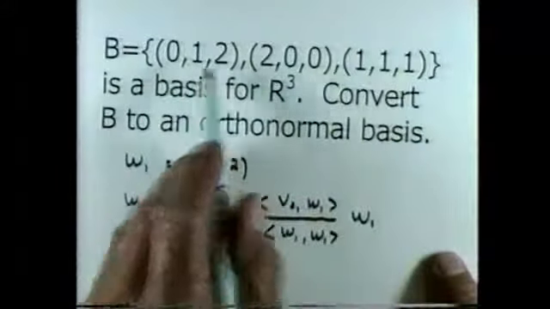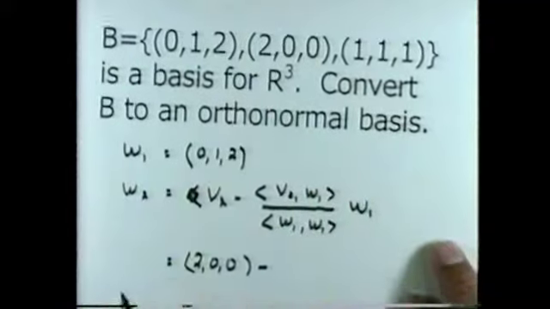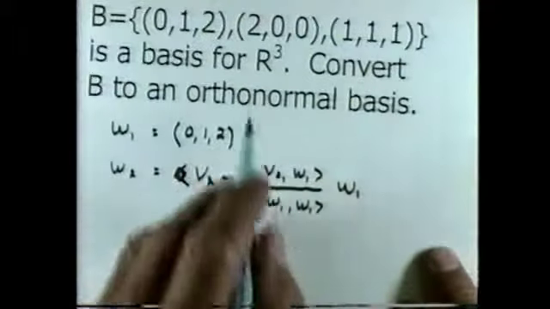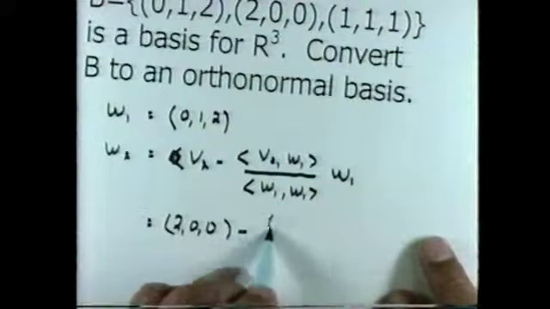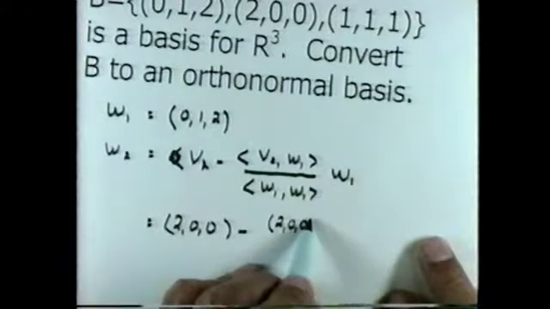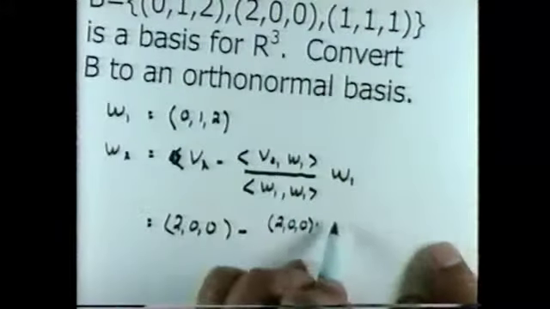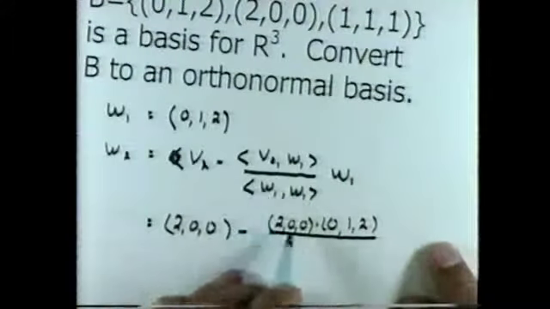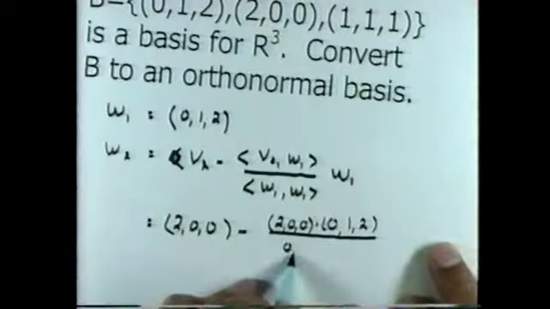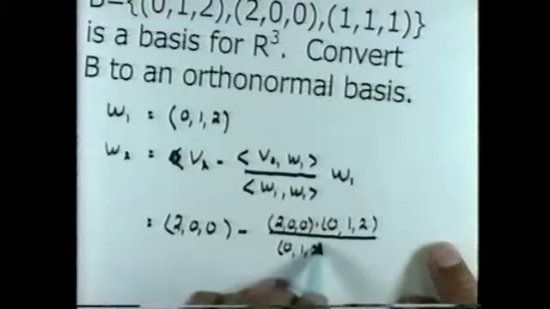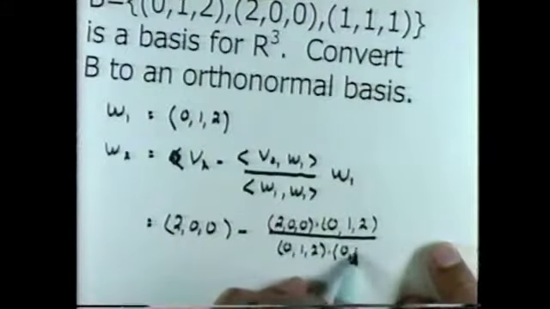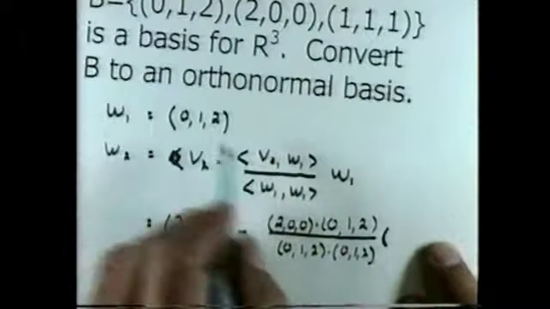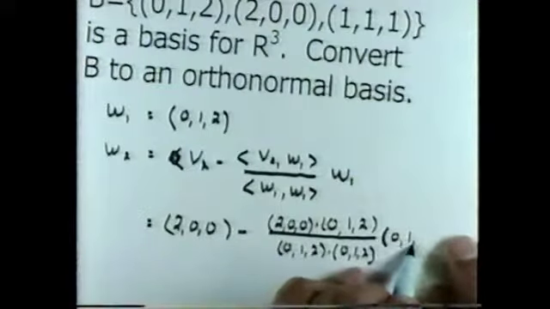Well, the inner product defined on R3 is just the dot product, so it's going to be V2, which is (2, 0, 0), dot W1, which is (0, 1, 2), over W1, which is (0, 1, 2), dot (0, 1, 2), times, or just a scalar times W1, which is (0, 1, 2).